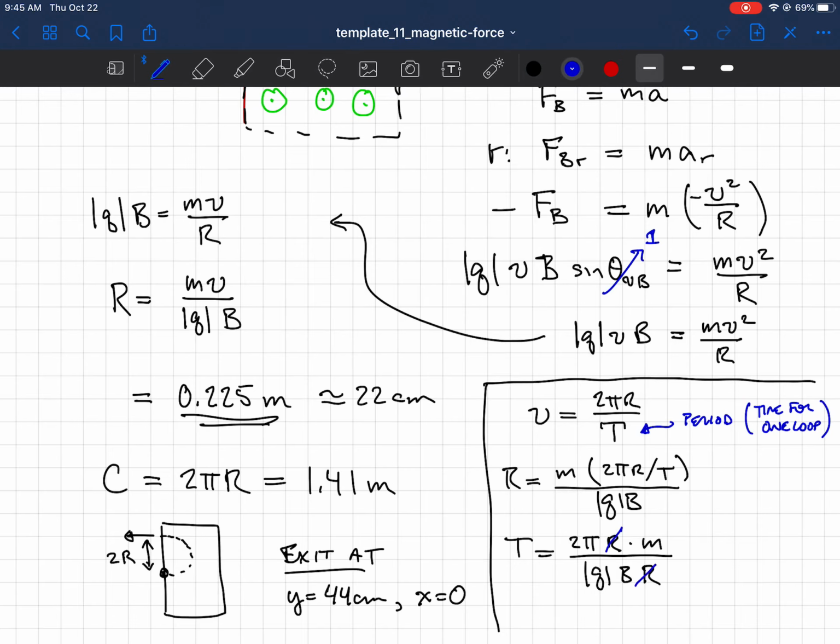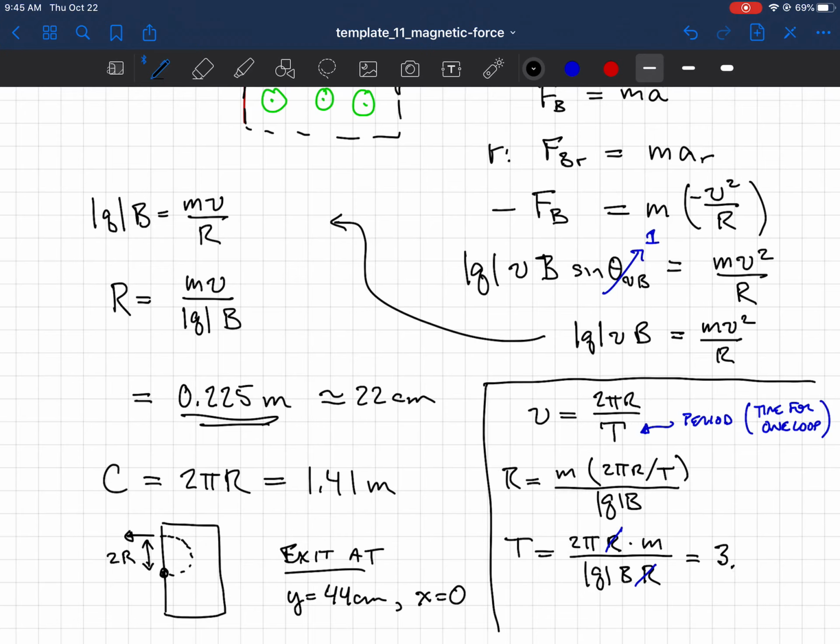And it looks like the r will cancel out, and so I just get whatever this expression is. So let's plug that in. So we have 2 pi m over qb.